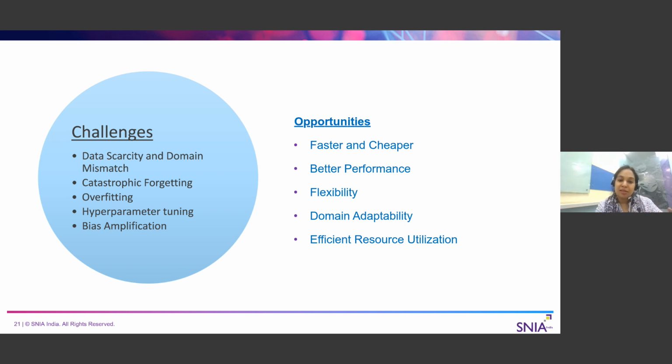So there is very little data that you have, and you have to train with that and still get the maximum or optimal output from it. The second, as we discussed, is catastrophic forgetting. If you fine tune it too much, there is a chance that it will forget what it was supposed to do. It will lose the generic knowledge which it had.